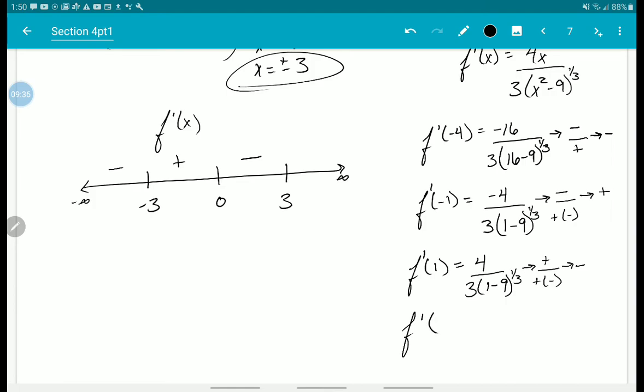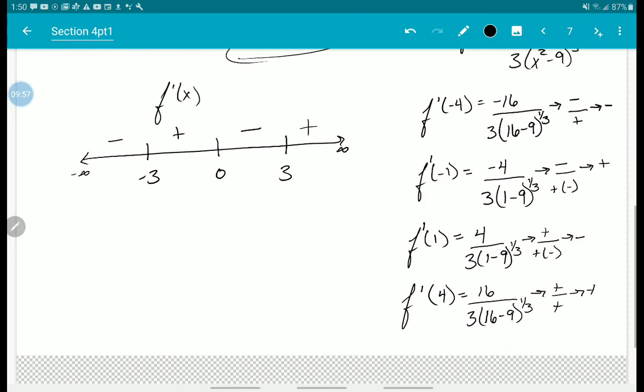And then let's pick something here, like 4. So 4 times 4 is 16 over 3 times 4 squared, which is 16, minus 9 to the 1/3. So I have a positive over a positive, which is going to be a positive.